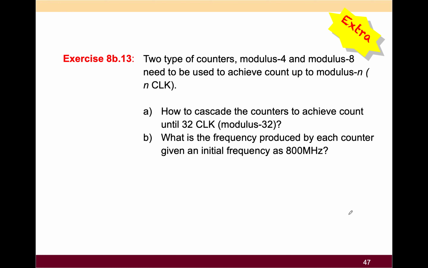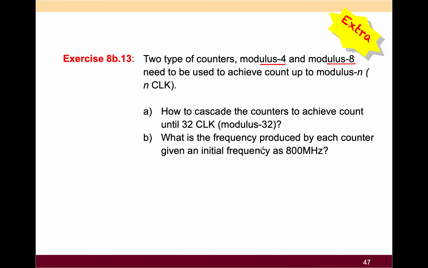So here there is an example: two counters, modulus 4 and modulus 8, need to be used to achieve a count up to modulus N, which is N clocks. How can a cascade counter achieve a count until 32 clocks? This one you already looked into previously.